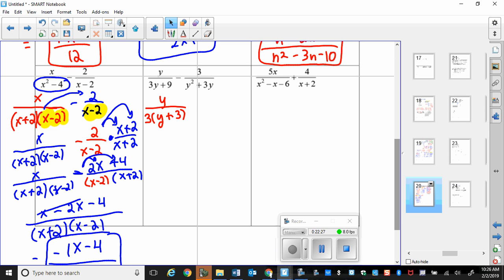On the right, minus 3. Okay, looks like I can factor a y out of both terms of y squared plus 3y. Y squared divided by y is just y, plus 3y divided by y is 3.